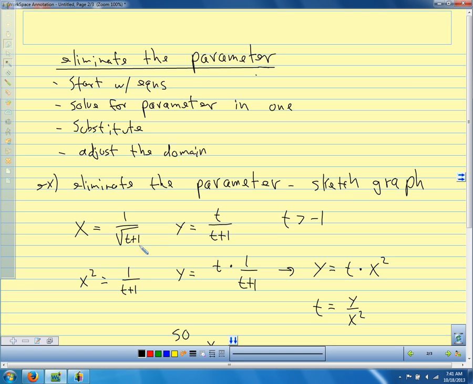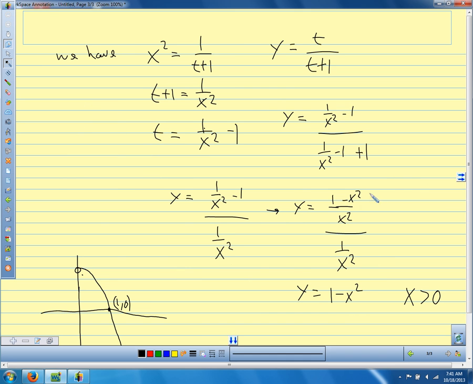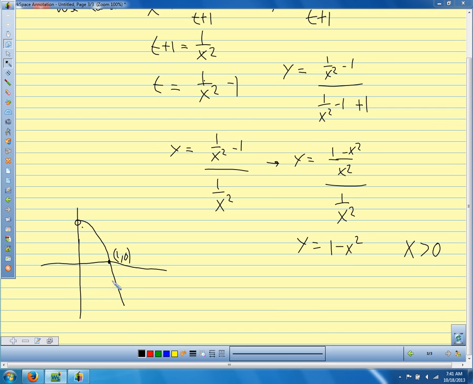We all agree? So as t gets larger, as we travel along, t equals negative 0.999, et cetera, we're going to travel along the curve from right to left. So our orientation is right to left. So we're going to be interested in the orientation of our curves as we move forward.